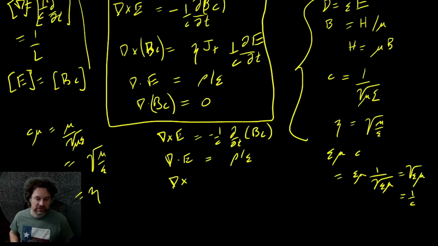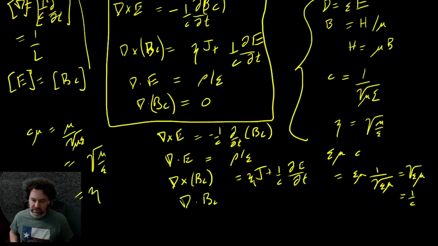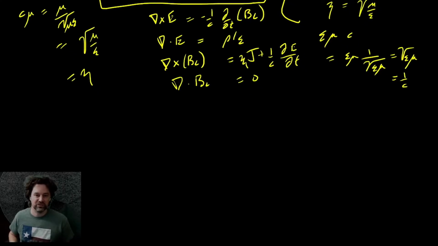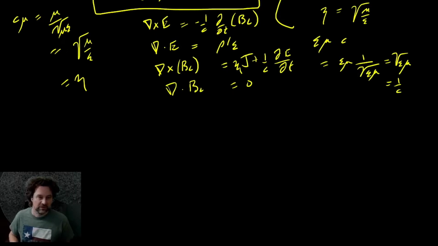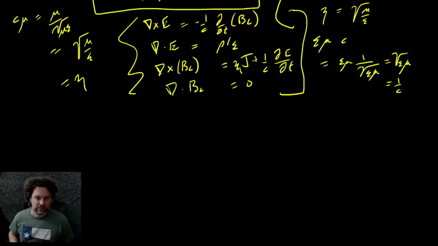Grad cross BC is eta j plus 1 over C dE dt, and grad dot BC is 0. With this transformation, still just Maxwell's equations in vector form, but we can now bring geometric algebra into the mix.